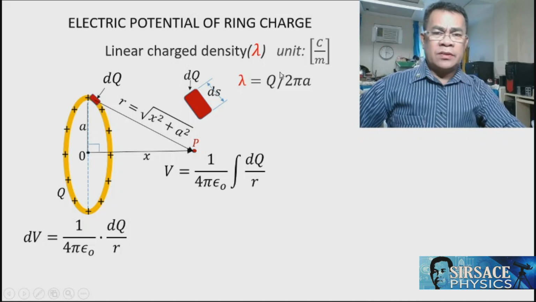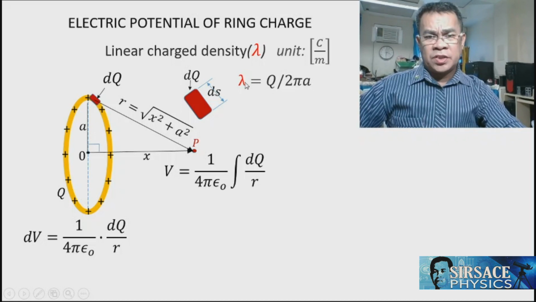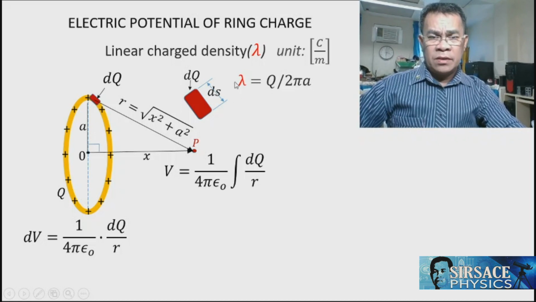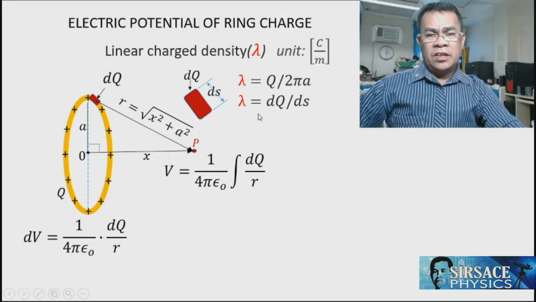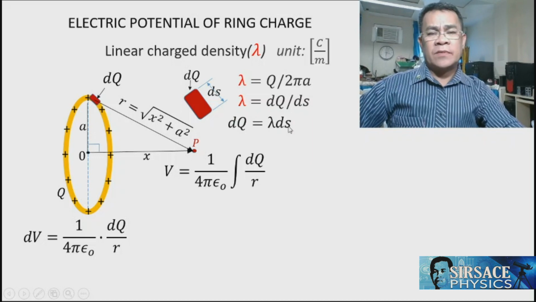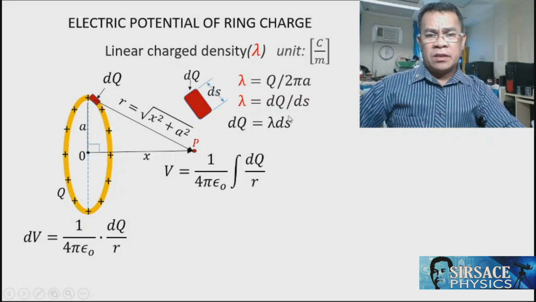At the same time, linear charge density in terms of dq is dq over ds, because this is the charge of this infinitesimal segment divided by its length, which is ds. So if we cross-multiply, dq is the linear charge density multiplied by the infinitesimal length of the ring.